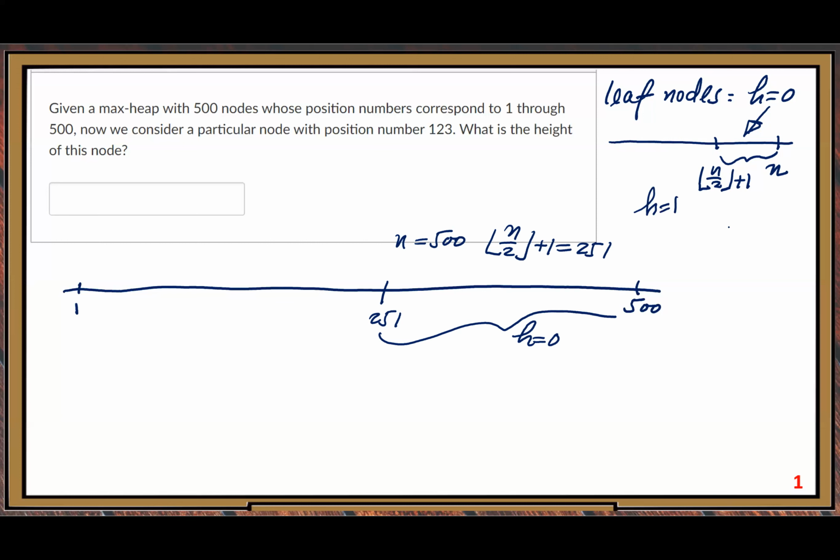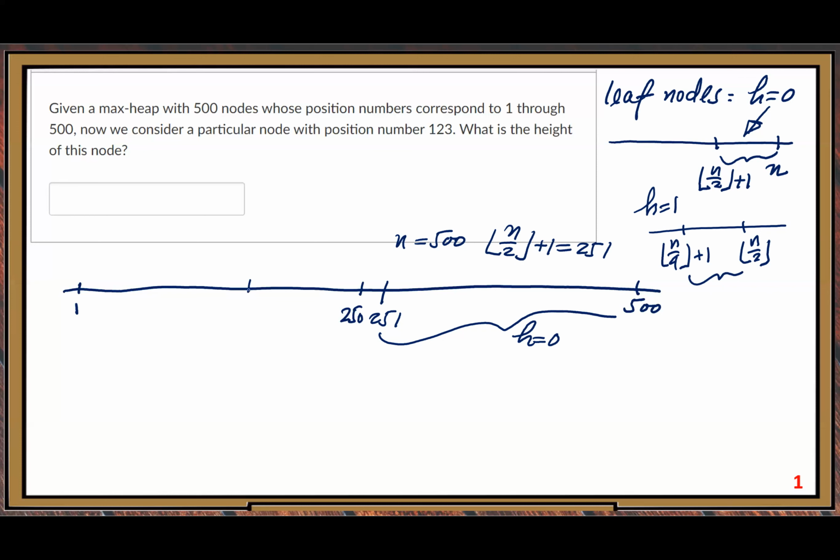Okay? Then 2 points: the upper bound is n over 2, and the lower bound is n over 4 ceiling function plus 1. Okay, this is the range. Upper bound for height 1, 250.